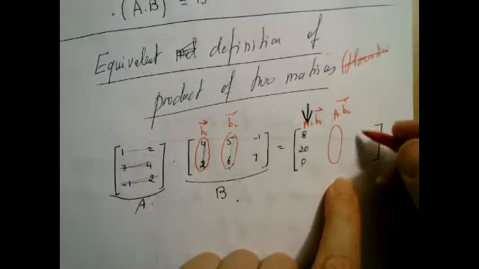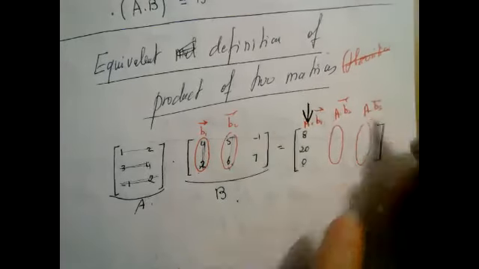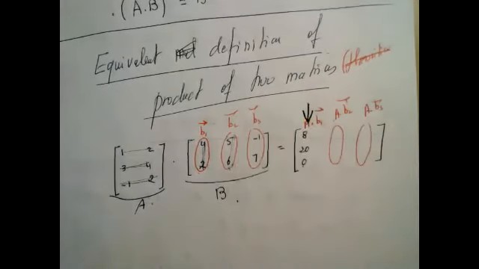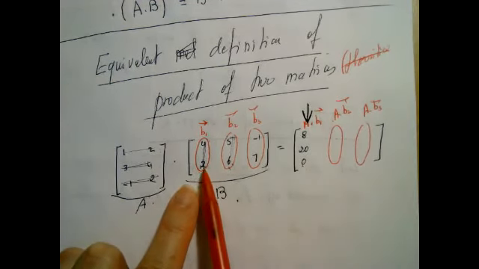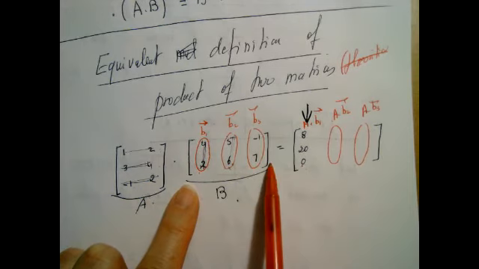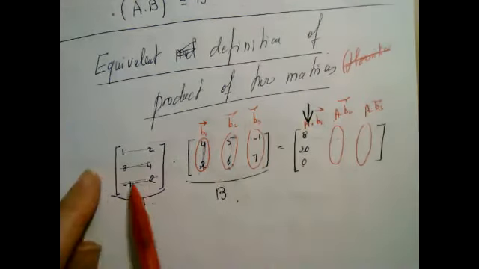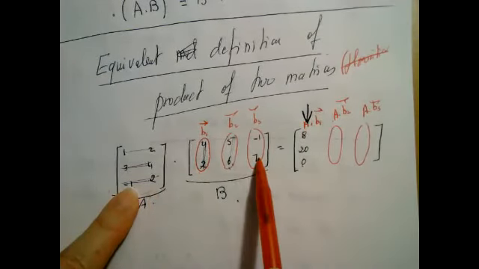And this one here is also A times the vector B3, where B3 is this vector. So I'm really multiplying the natural way. What I'm doing now is emphasizing the column structure of the matrix B. If I emphasize this column structure, then multiplying them is like taking A B1, A B2, A B3.